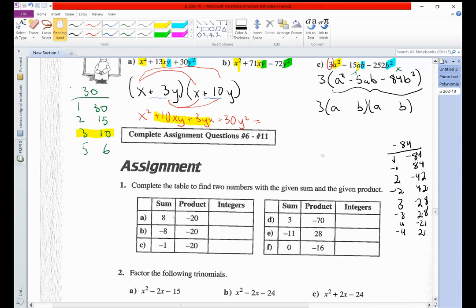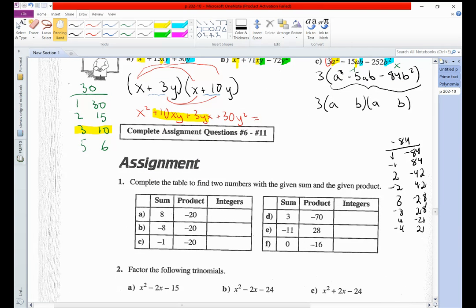Just going to scroll. What about 84 divided by 6? We have 6 and negative 14, and we have negative 6 and 14. Do any of these add to negative 5? We don't think so. So what about 7? 84 divided by 7.